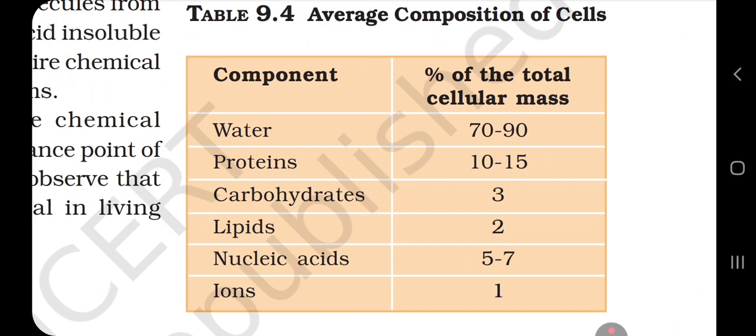Table 9.4 shows the average composition of cells: water 70 to 90% of the total cellular mass, proteins 10 to 15%, carbohydrates 3%, lipids 2%, nucleic acid 5 to 7% and ions 1%.